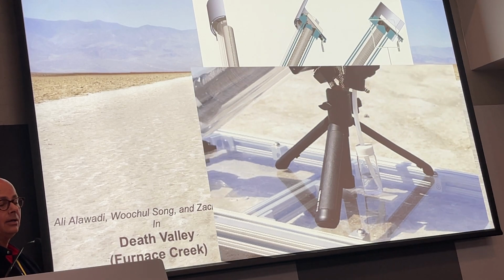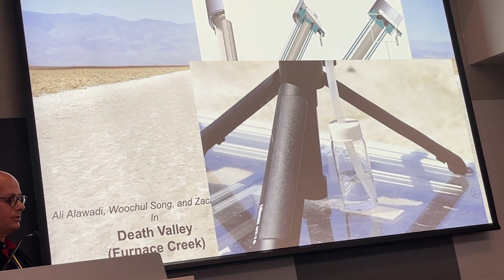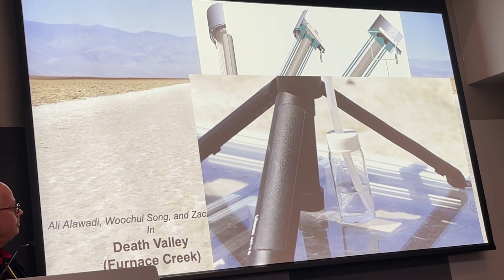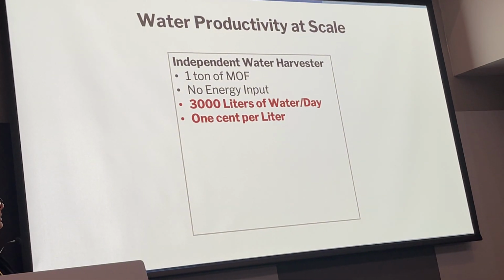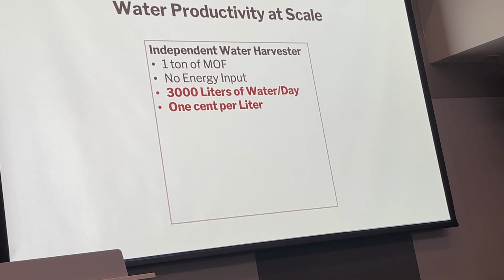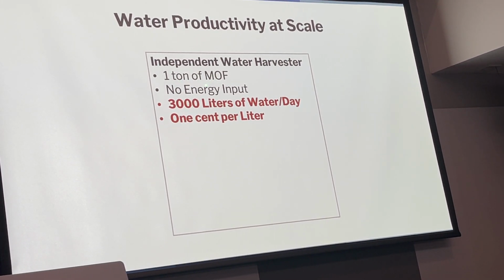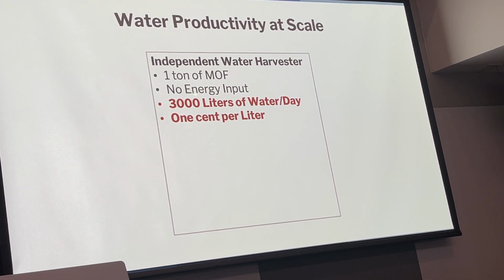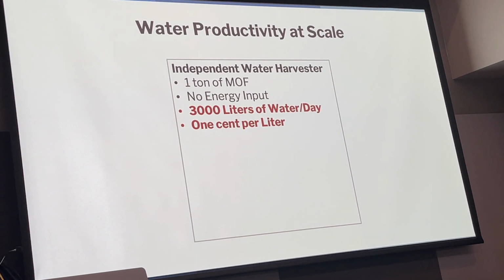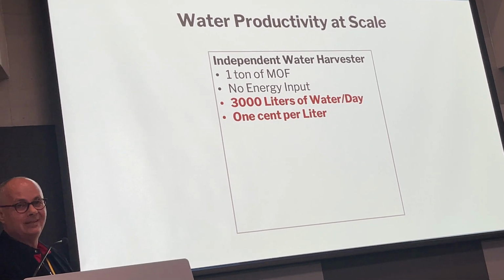In places where you might have a lot of humidity, but the water is not clean, you could use it also to trap water from not just arid but humid areas. And for the water harvesting from air, this is where we are. 1 ton of MOF with no energy input aside from ambient sunlight will give you 3,000 liters of water per day, every day, for about 6 to 7 years, for the lifetime of the electronics of the device, okay?